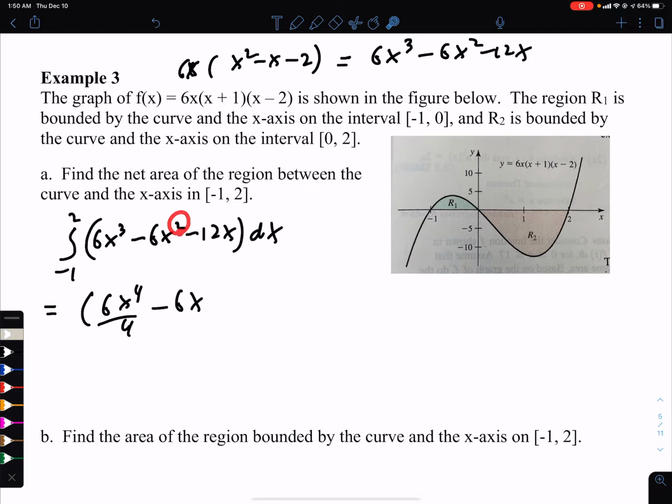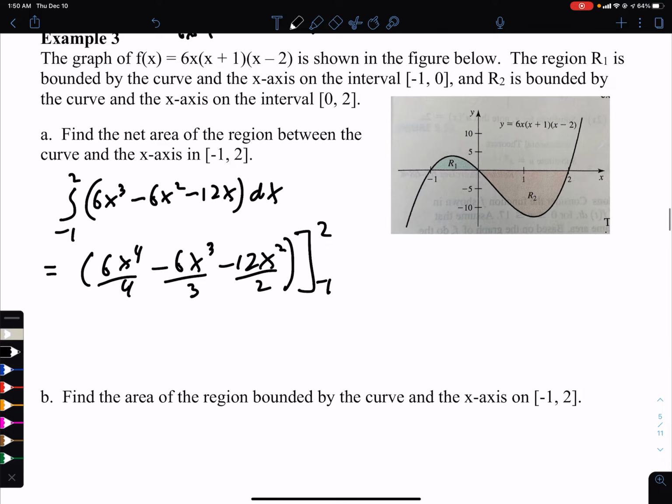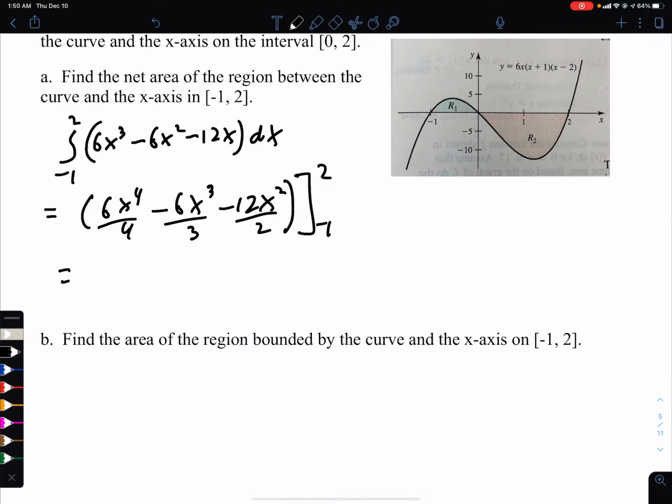I add 1 to that and divide by that. So it's going to be a 3 over 3. And I add 1 to the 1 there. You don't see that there's a 1, so it's going to be 2. And I'm going from negative 1 to 2. I can simplify this a tad bit. This will reduce to 3x to the 4th over 2 minus 2x cubed minus 6x squared from negative 1 to 2.